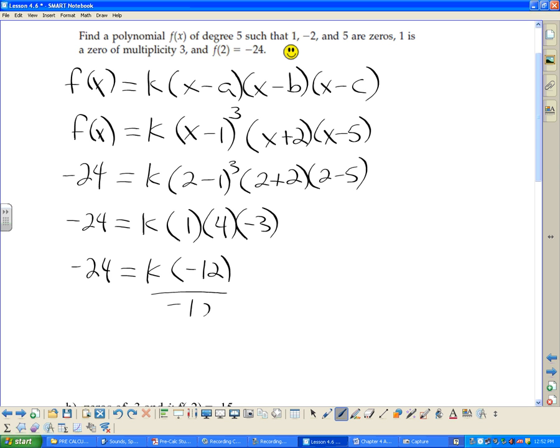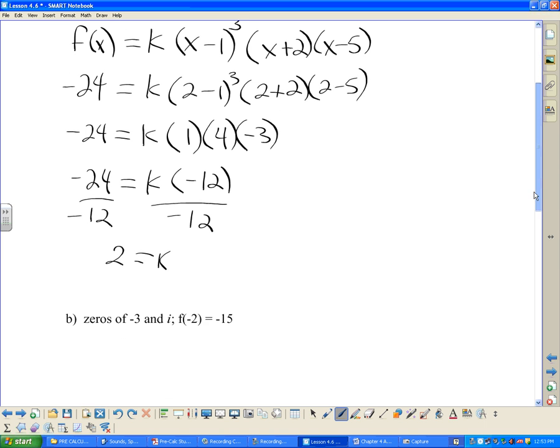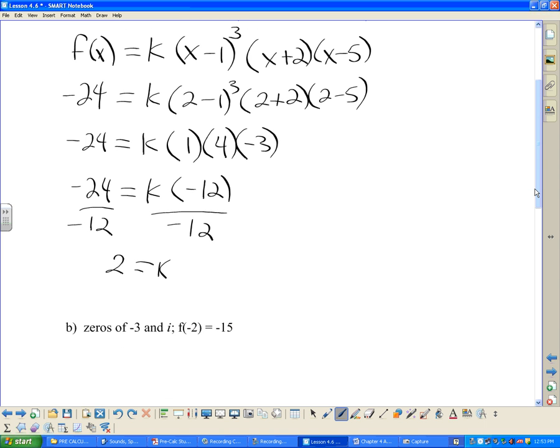So we divide by -12, and we get k equals 2. So our function would be f of x equals 2 times x minus 1 to the third power times x plus 2 times x minus 5.